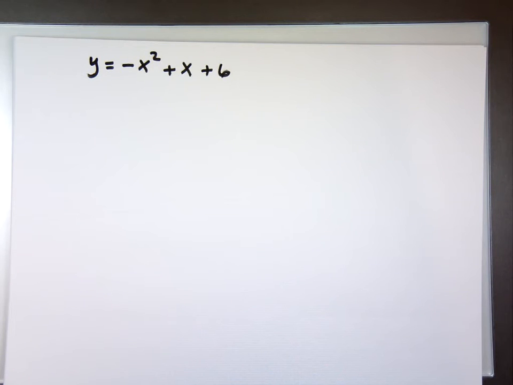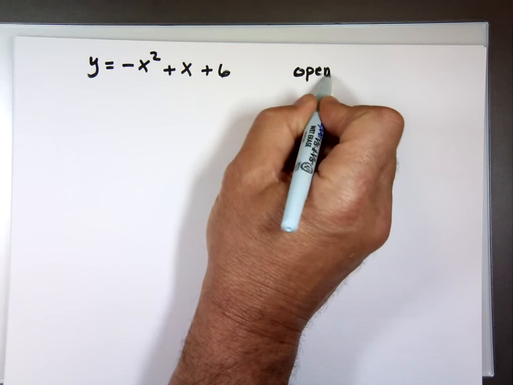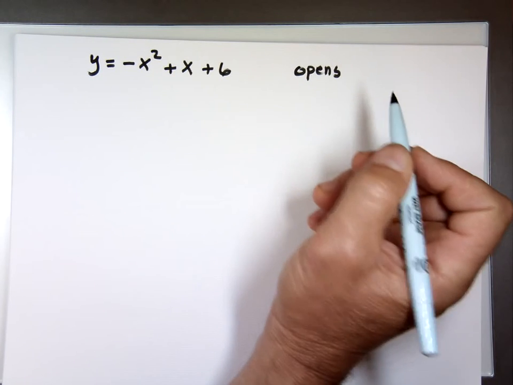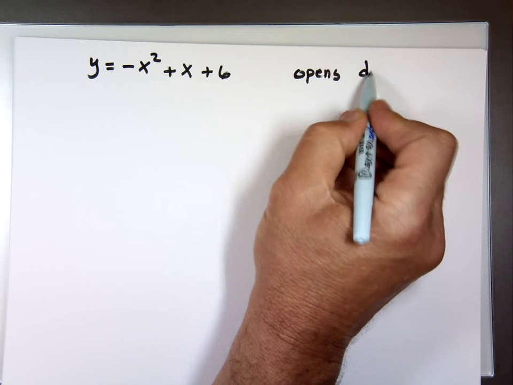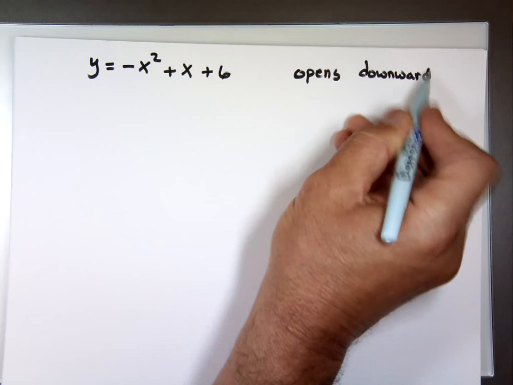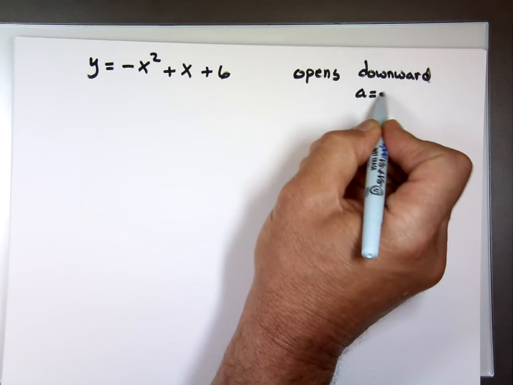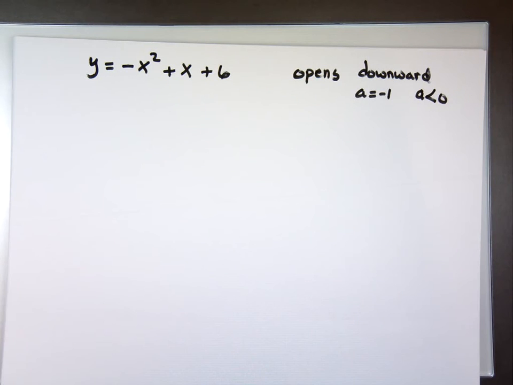Again, which way is it going to open? Up or down? Downward. Why? Because a equals -1. A is less than 0. So we know it opens downward. It's going to have a maximum value.